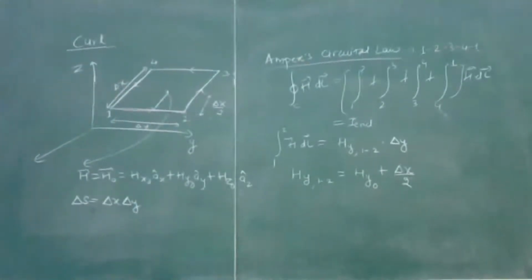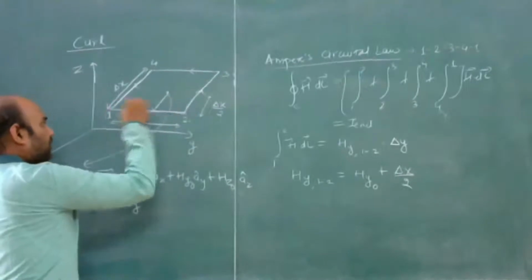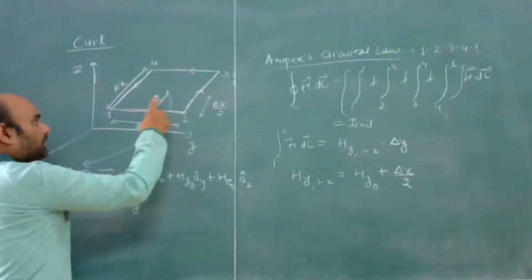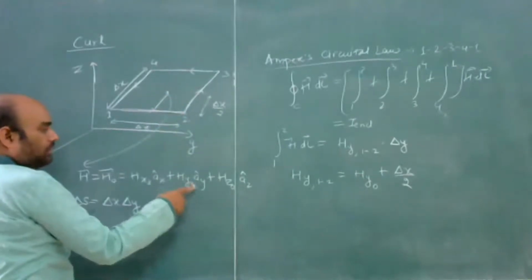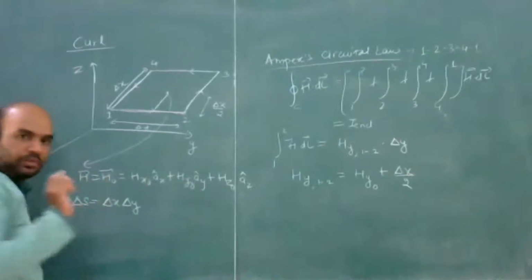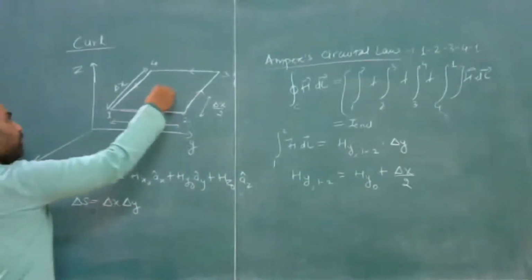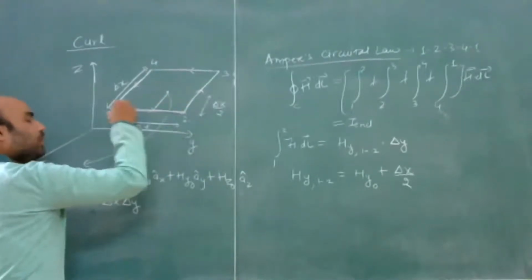So we have to find the value of H from 1 to 2, but the value of H is given at the center, which for the y-axis is Hy naught. Then we have to travel from the center of this loop towards the straight line 1 2.